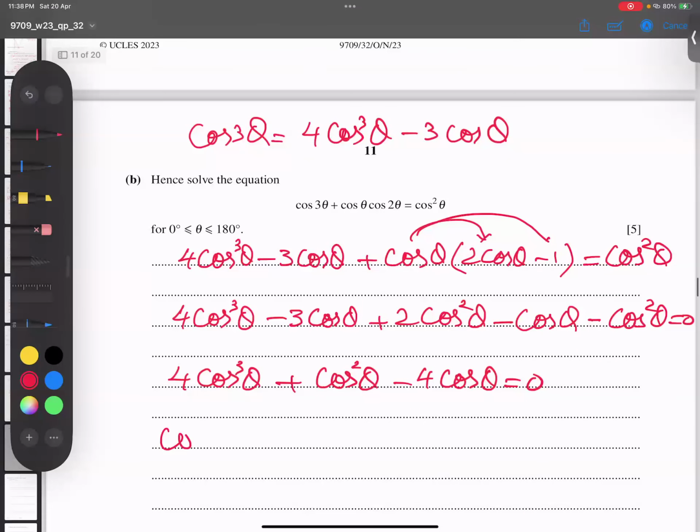So cos theta is common. I get 4 cos square theta, only cos theta, and minus 4 is equal to 0. Now student, after this, wait a minute, let me check. Are there any changes? I think up till here, correct. Okay.